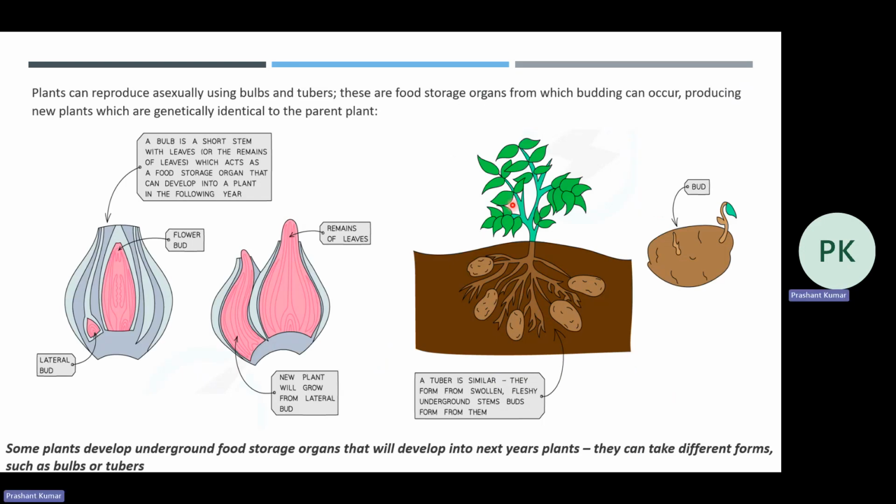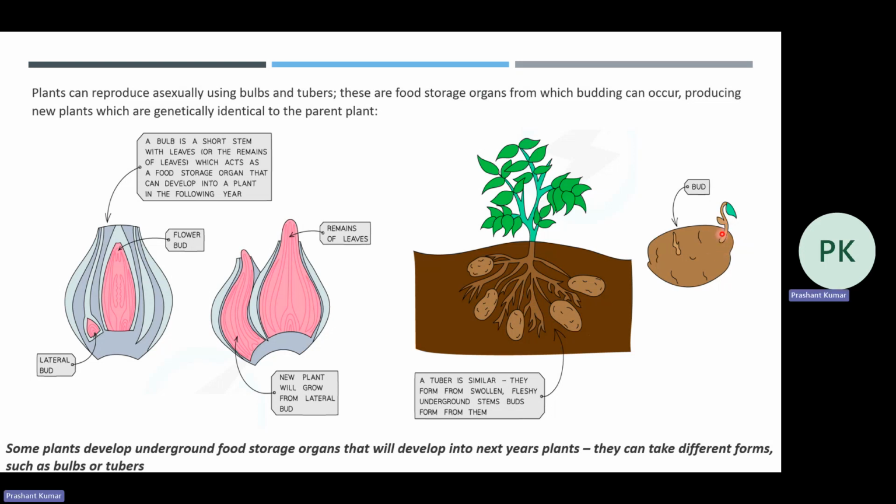When it comes to plants, plants also have a way to do asexual reproduction. This is the bulb formation in onions. So plants can reproduce asexually. This is an example of a bulb, and these are the tubers. Tubers are swollen, fleshy parts present inside the soil, and they may develop a plant like this.